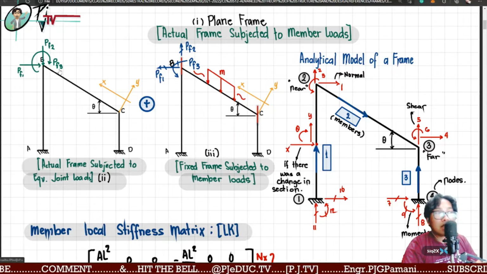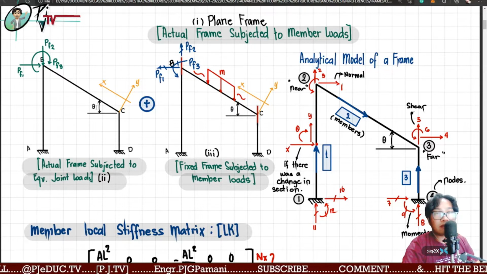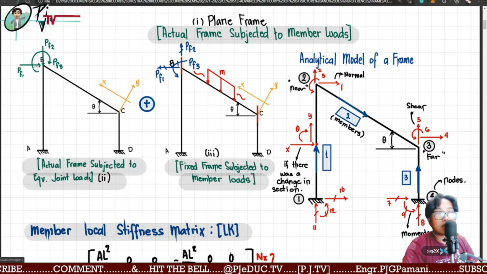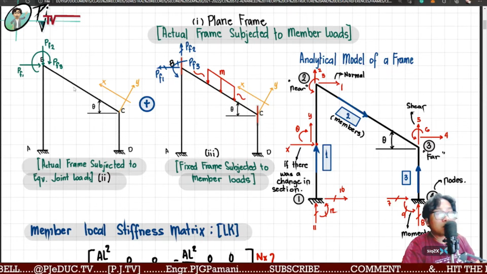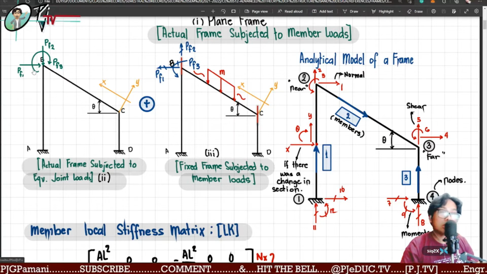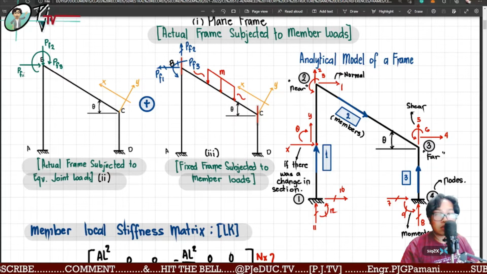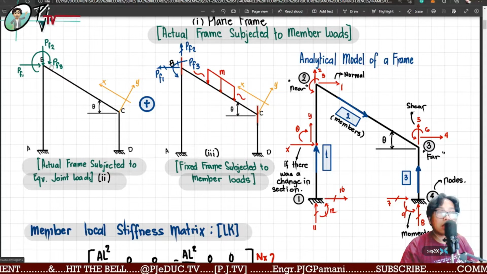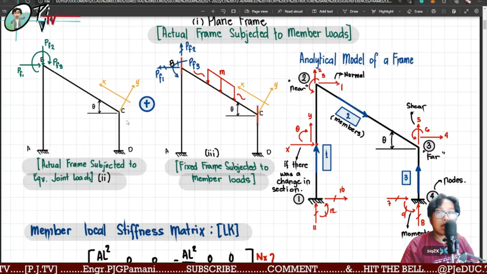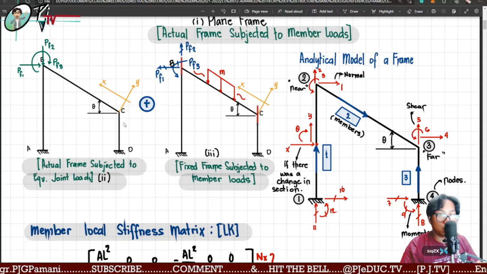In any type of frame, rectangular, parallelogram, irregular shapes, and so forth, at any joint or within each member, there will always be normal forces, shear forces, and bending moments. As we plot our axis forces, always start with the normal forces, next our shear forces, and lastly our bending moment. So this particular frame is now identified with a subjected joint load.